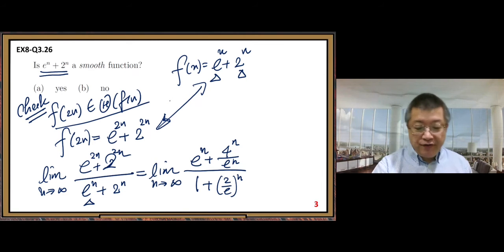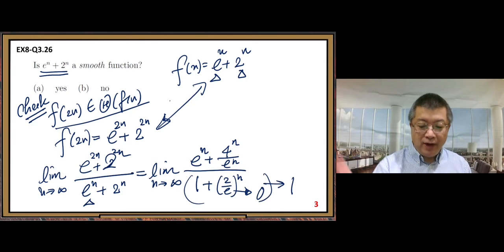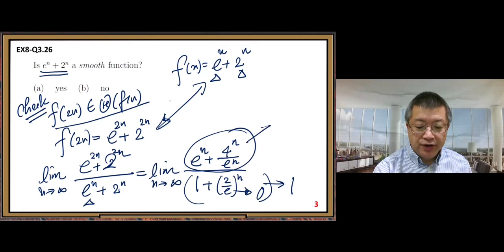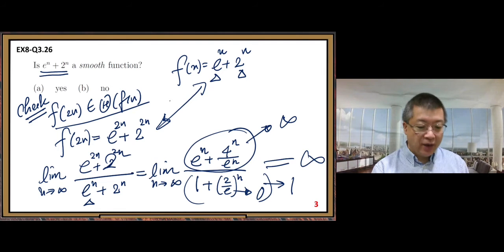When n goes to infinity, this term goes to 0, so the whole denominator goes to 1. The numerator goes to infinity.